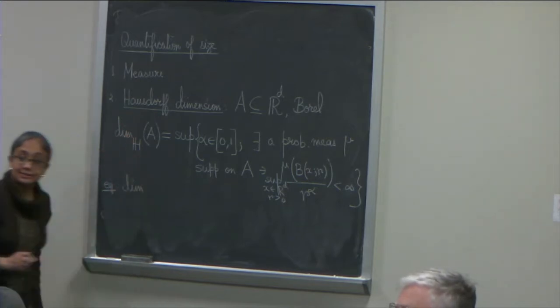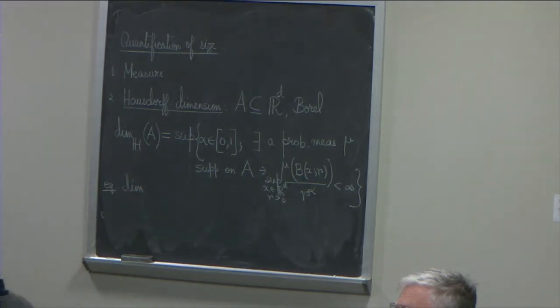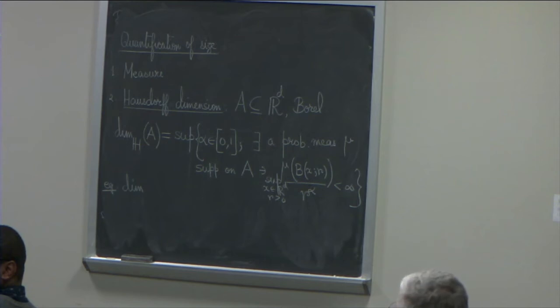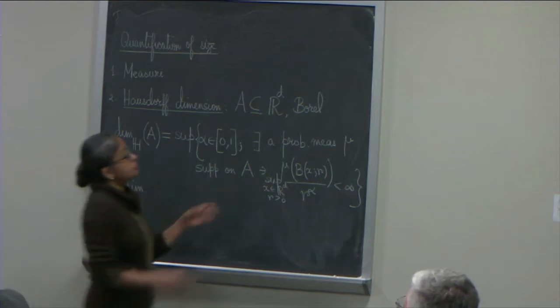But could we get back to singleton? If I have a singleton, the only measure I can assign is the measure supported on the singleton with probability 1. Yes. So every ball will have measure 1. Yes. Well, but then I can take any positive alpha, right? 1 over r to alpha is always less than infinity. No, because you have to do this supremum over all x.